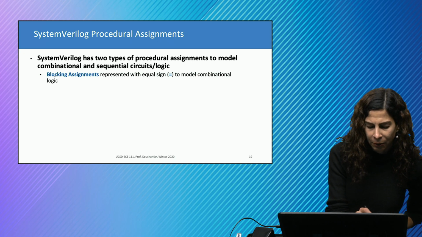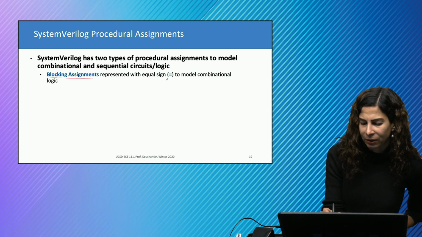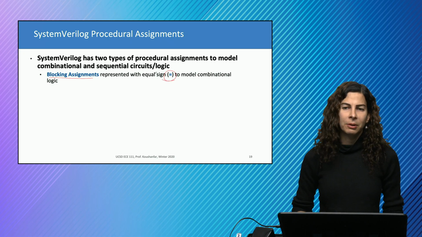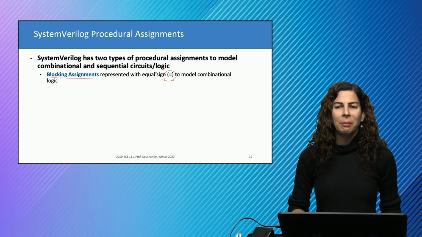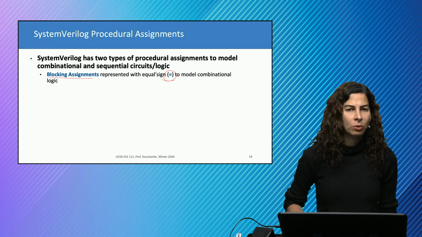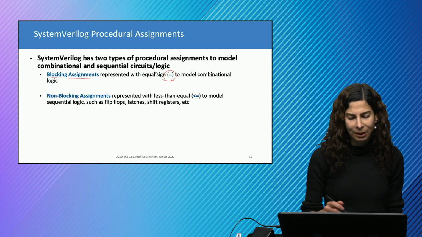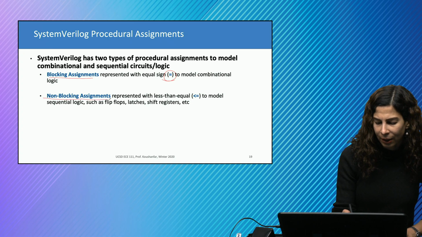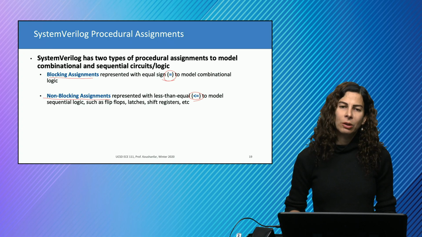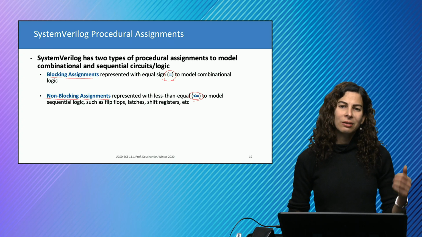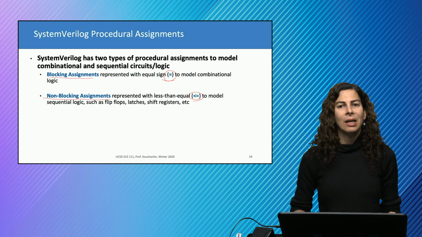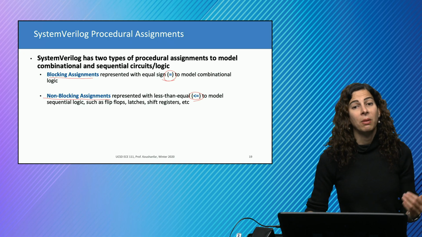It is usually written with an equal sign, and of course the other operators we mentioned earlier that model combinational logic should be in place for this to be valid. The non-blocking assignment is represented with a less than or equal sign and models sequential logic, which means there is a notion of the clock happening before the assignments take place, and the assignments do not block each other.